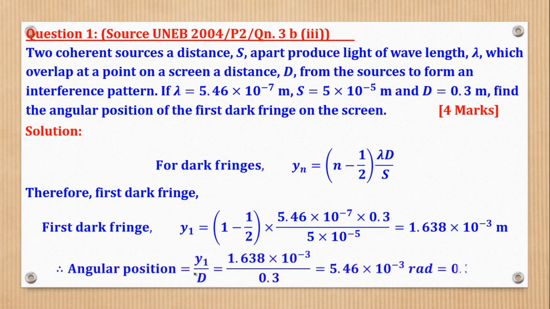Therefore, angular position will be, remember angular position is yn over capital D. So for the first dark fringe, it means y1 over capital D. And y1 we have got it, and capital D we have it. That will be the angular position in radians, or you can convert to degrees.